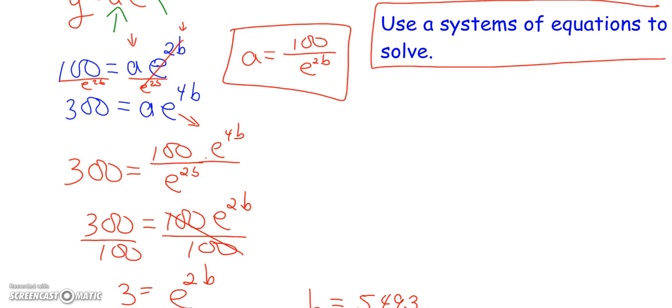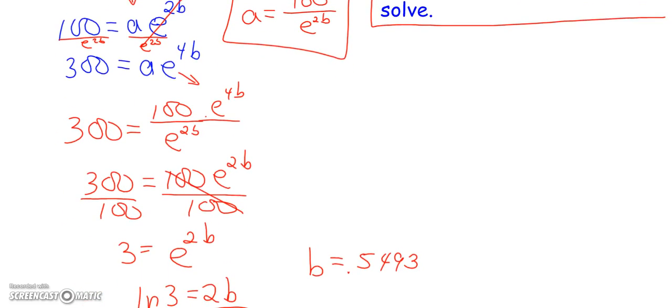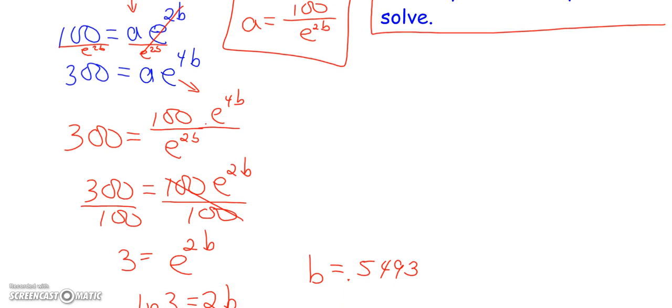Well, just because I have found b doesn't mean I have found a. So let's do that part here. I can go back to any equation I essentially want. Let's use the original one. Remember that 100 equals a e to the 2b. That was the first equation we created. I'm going to substitute that value in for b. So 100 equals a e to the 2 times 0.5493.